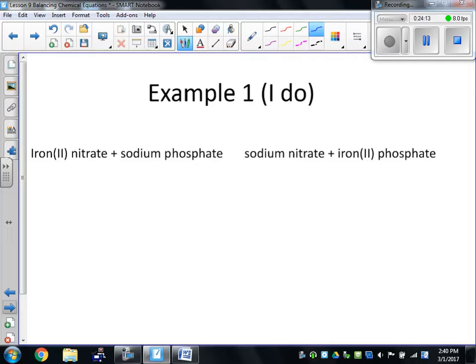Iron 2 nitrate and sodium phosphate, those are my reactants, is going to give me sodium nitrate and iron 2 phosphate. Now this one's specific with the iron 2 here. So go ahead and write that down. Write that down, guys.